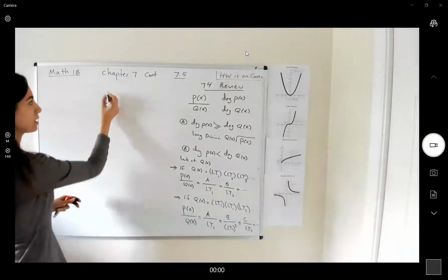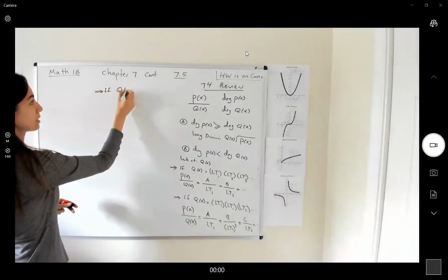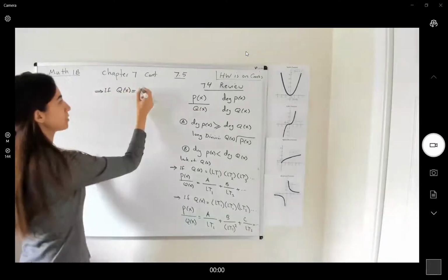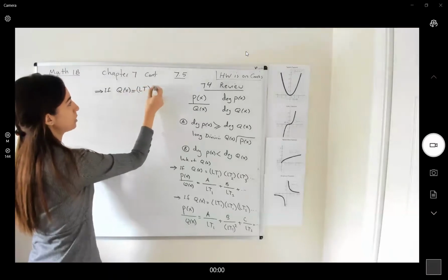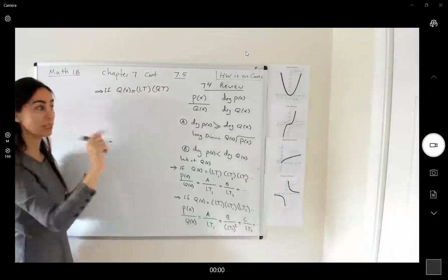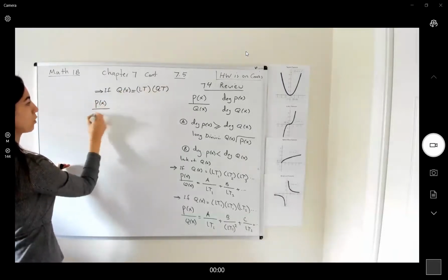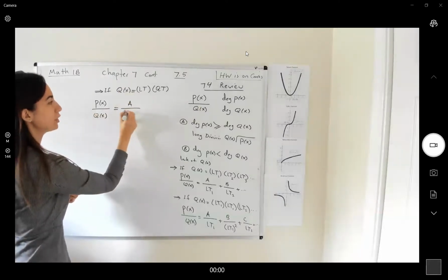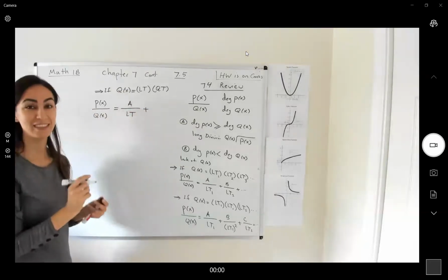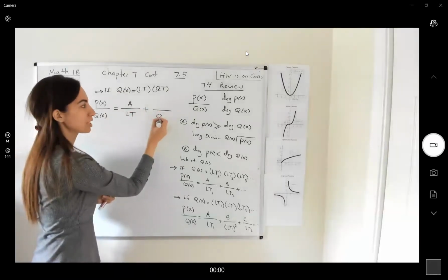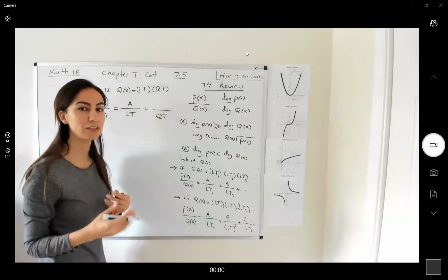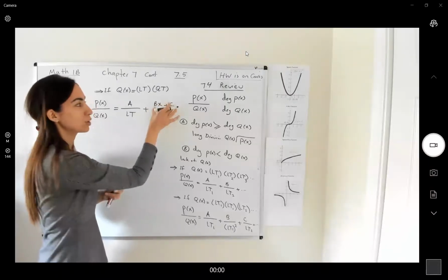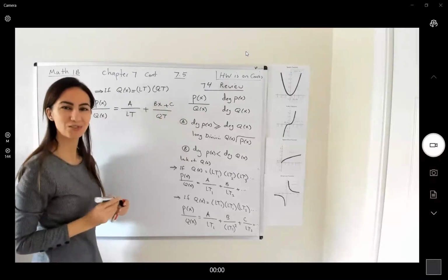And we also learned that if q(x) is the product of linear terms and quadratic terms, if it is a linear term times a quadratic term, then p(x) over q(x) can be written as A divided by your linear term, plus, since you have a quadratic term which you cannot break down into the product of linear terms, on your numerator you have Bx plus C, divided by your quadratic term.